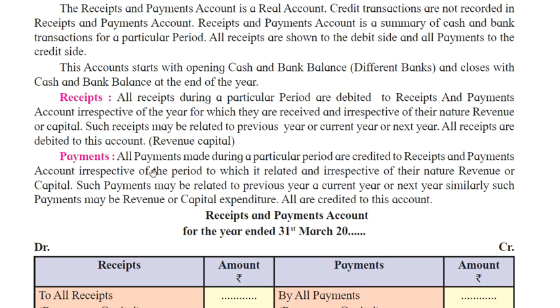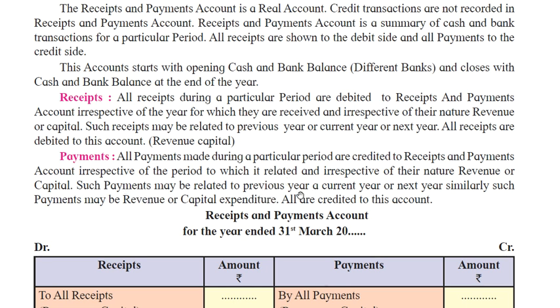Next is payments. All payments during a particular period are credited to the receipts and payments account, irrespective of the period to which they relate and irrespective of their nature, revenue or capital. Such payments may be related to the previous year. The same rules apply to payments as in receipts.